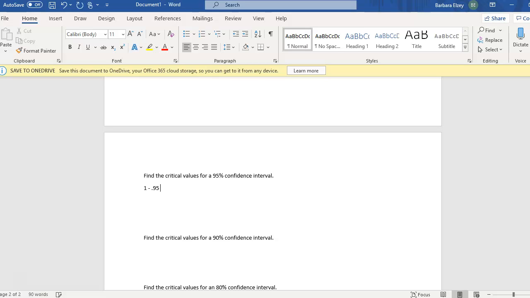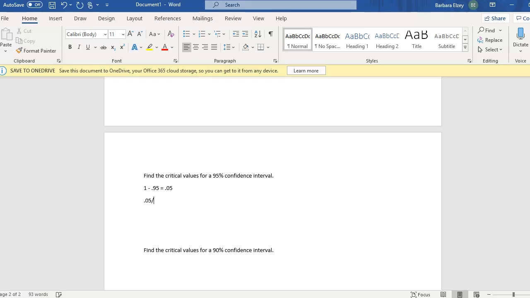So 1 minus 0.95 is equal to 0.05. Then we're always going to take whatever we got when we subtracted and divide it by 2. So 0.05 divided by 2 is 0.025.